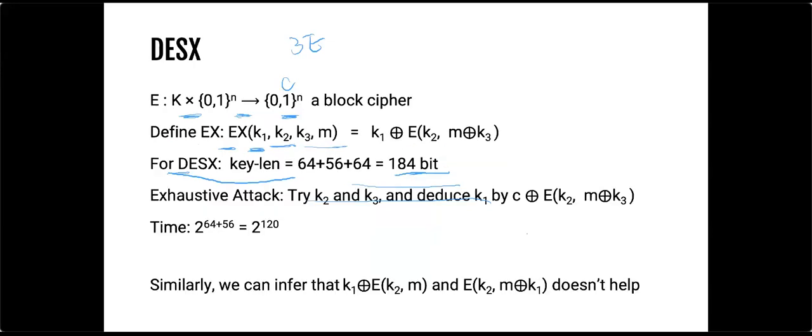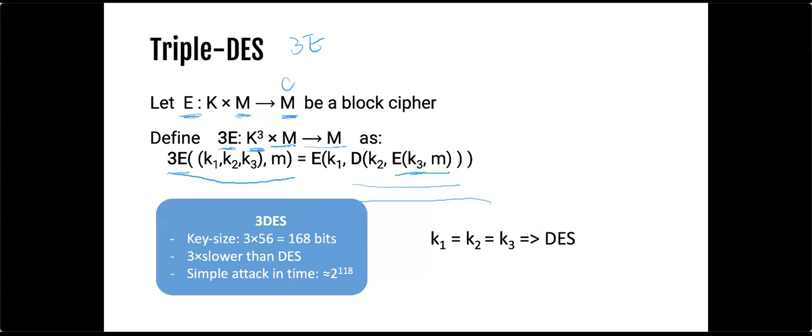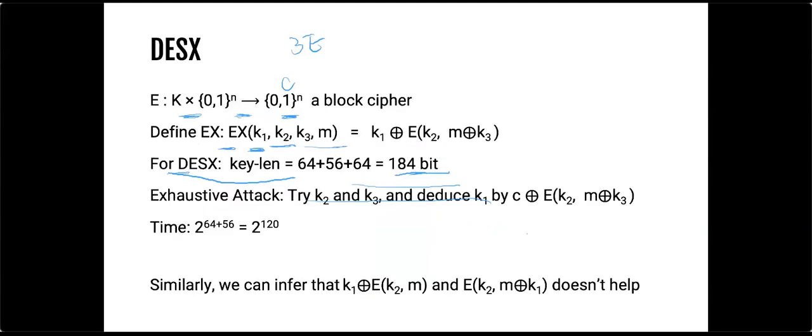Okay. So now I'm going to talk about another possibility. Besides triple DES, there is another possible way to design a secure cipher, which is called DES-X. The reason it's called DES-X is that it is a combination of DES and the XOR operation. Here's the way it is designed.